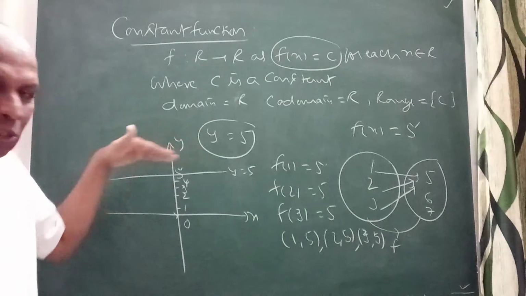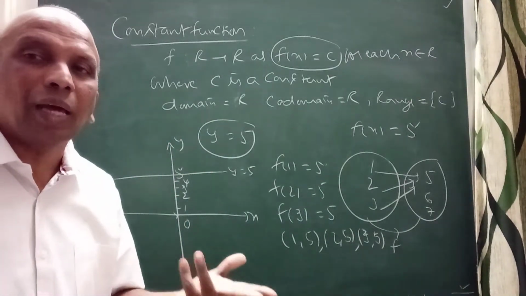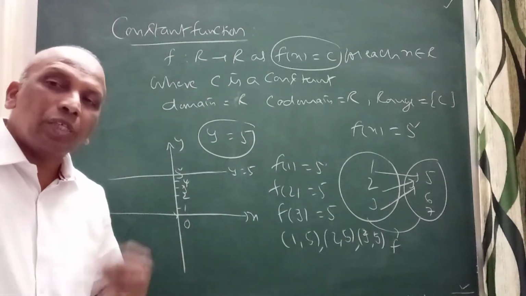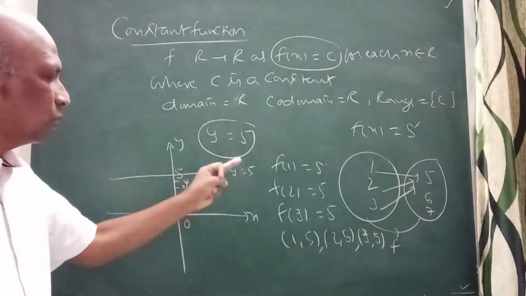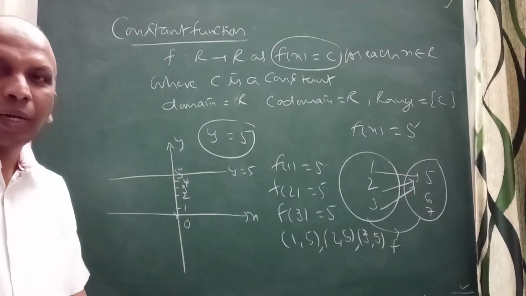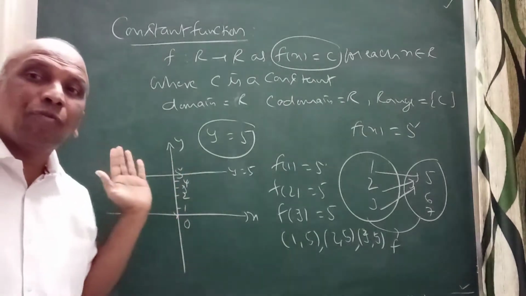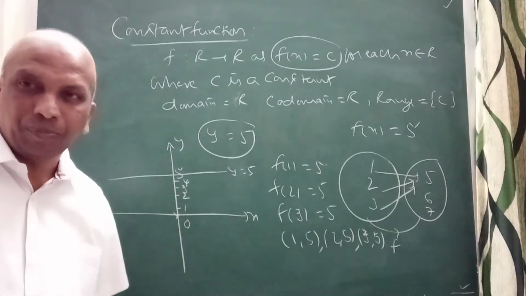So it is understood: the graph is a line which is parallel to the x-axis. If you draw the graph of a constant function, it's always a straight line parallel to the x-axis. Y is equal to 5. Correct? That means a line parallel to the x-axis always represents a constant function.